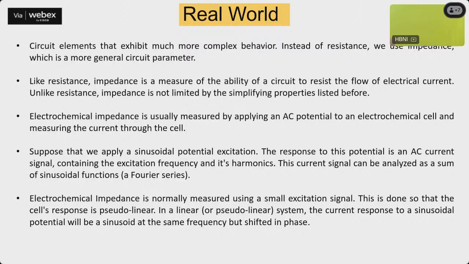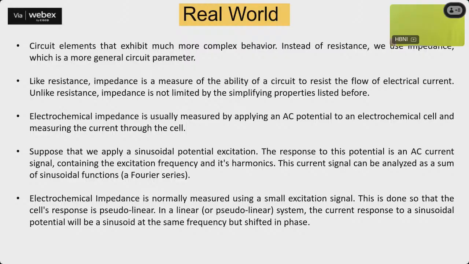Suppose you are putting in a sinusoidal excitation. The response to this potential is going to be an AC current signal, and this will contain the excitation frequency as well as its harmonics. This current signal can be analyzed as a sum of sinusoidal functions, which is nothing but a Fourier series. Now electrochemical impedance is measured using a very small excitation signal, so that the response you get from the cell is pseudolinear.